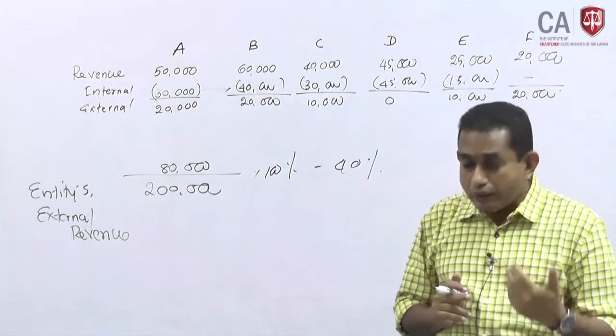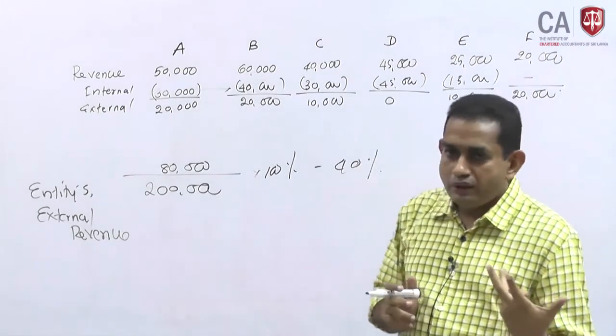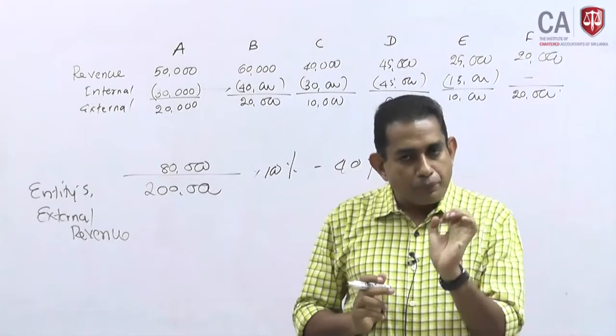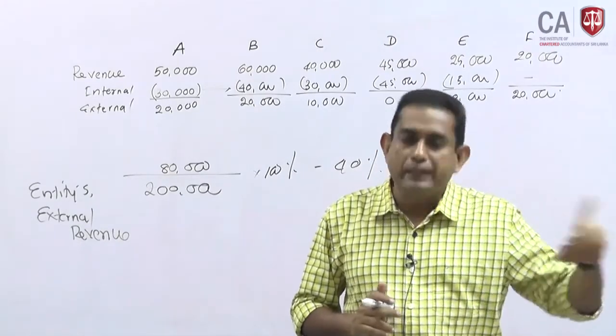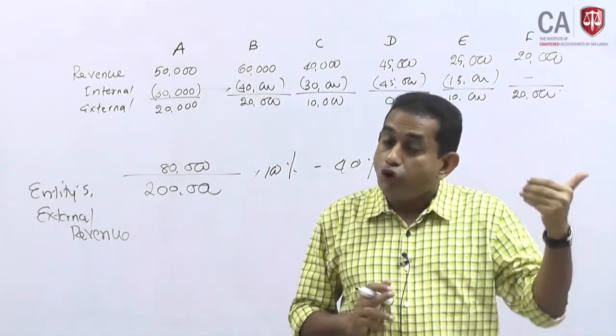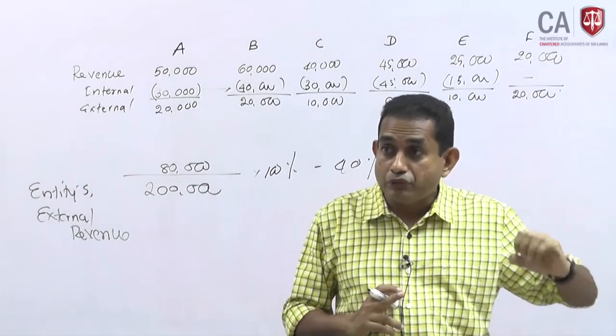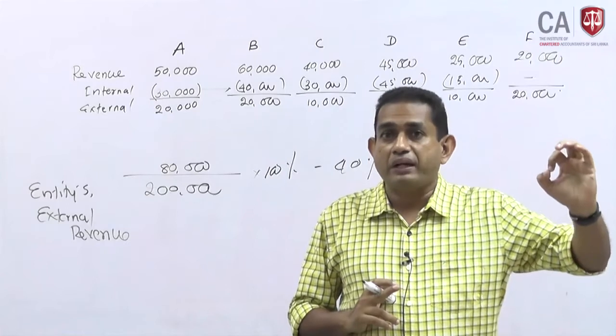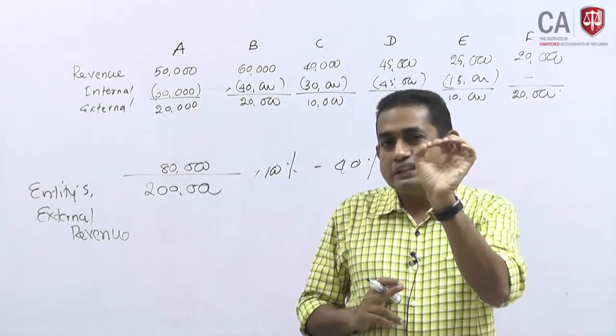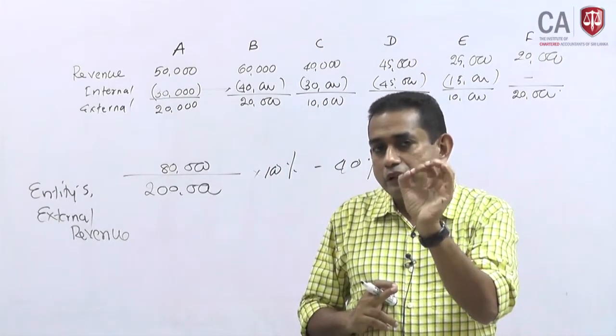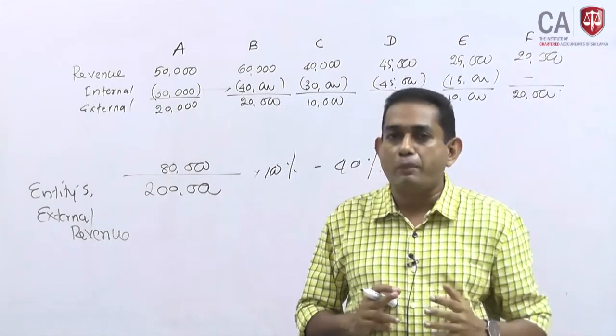So, you need to go on picking reportable segments from the remaining operating segments until this 75% of revenue requirement is satisfied.